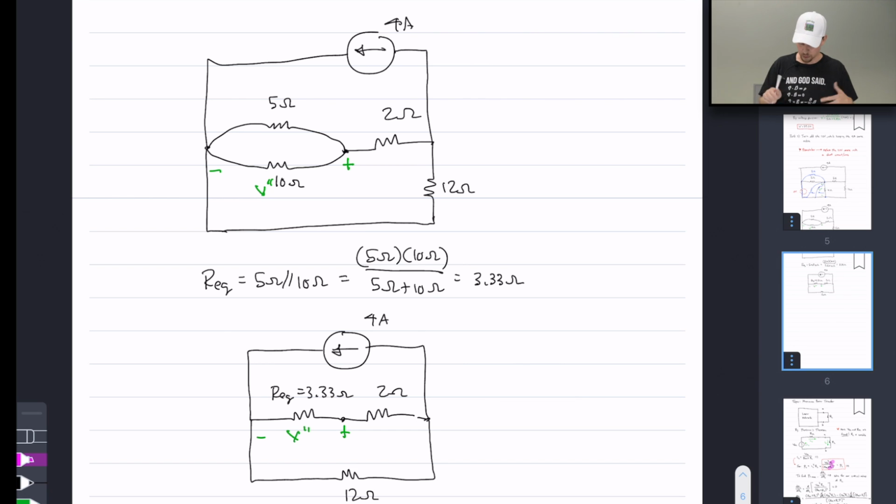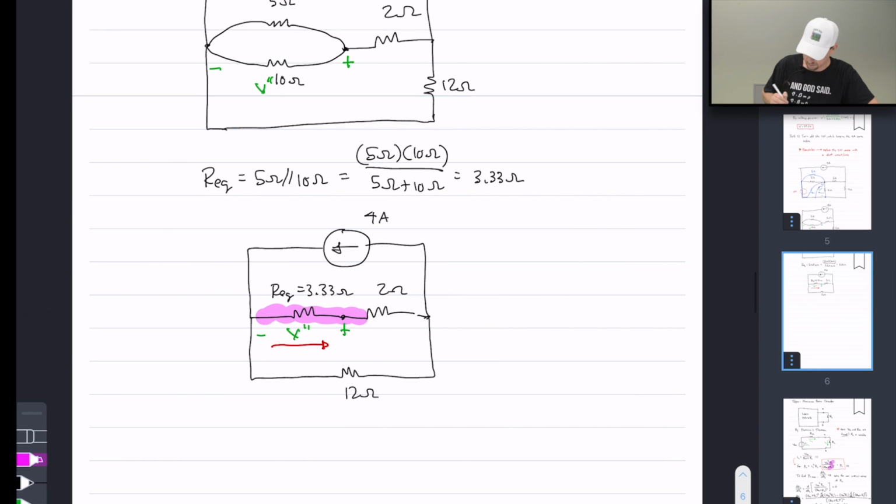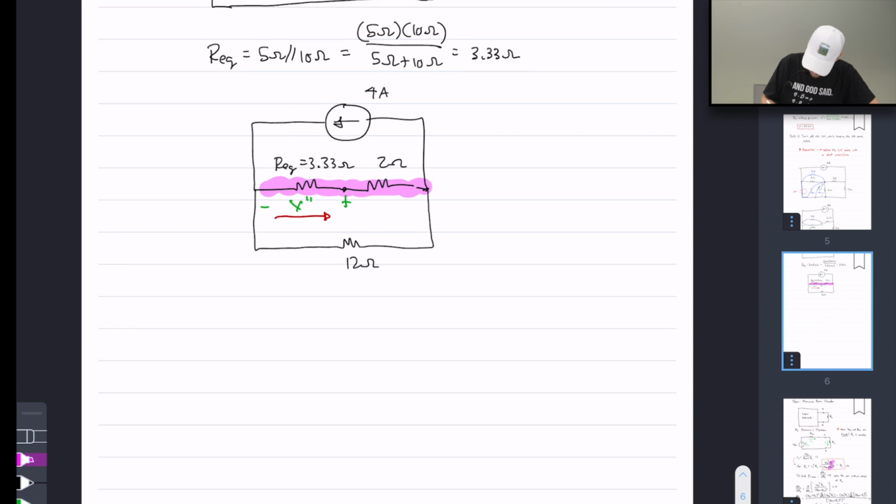Now, one really important thing here is notice that now what we actually have is not a voltage divider, we actually have a current divider, right? So there is going to be a current that we can actually find using current division that's actually traveling down this top branch, right? So this current right here is traveling through that branch right there, right? And I'll call this I double prime.